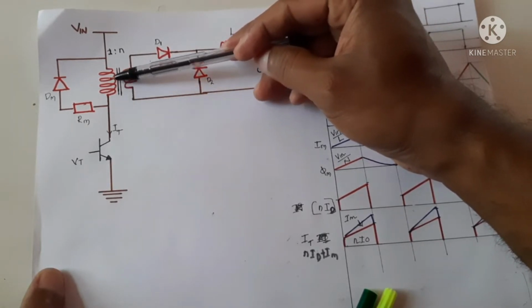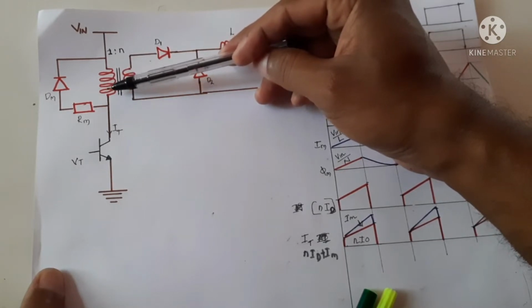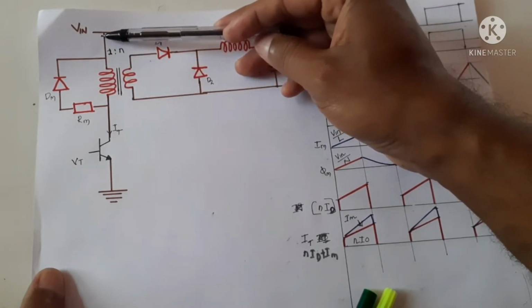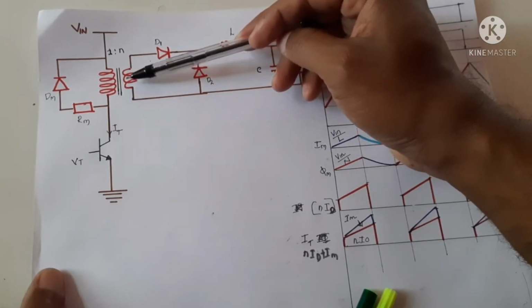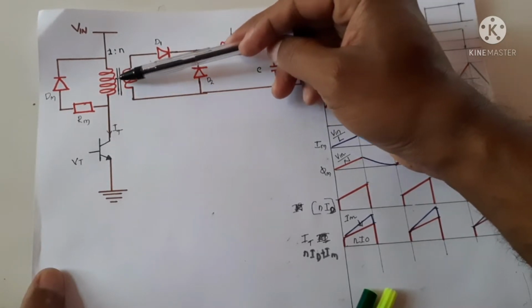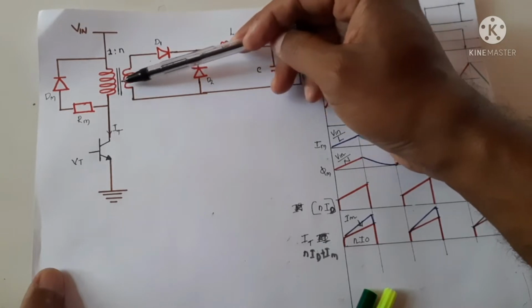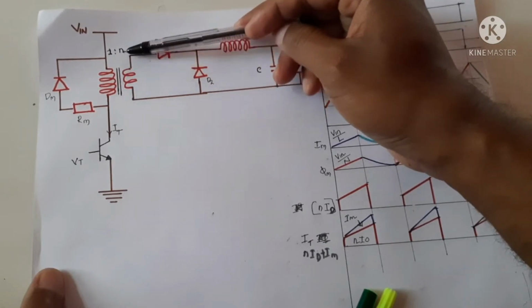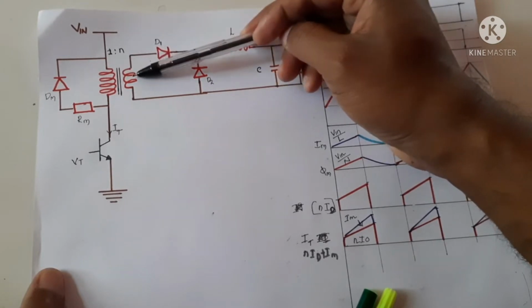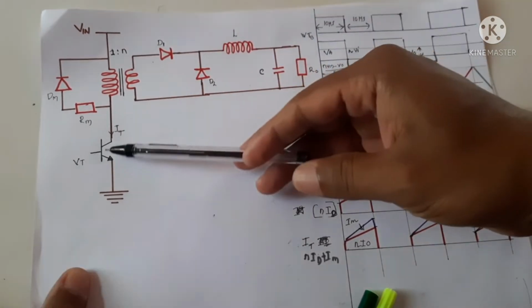That flux, when linked with this coil, produces an EMF equal to the input voltage, and it also produces a voltage in the secondary that depends upon the number of turns. If the number of turns is half, we will get half of the voltage. That means 5 volts will be available at this point.